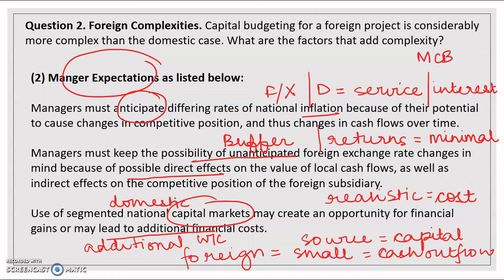The company may have to incur additional charges, additional financial cost in the event that they need additional working capital. So, this kind of due diligence has to be undertaken by the management before embarking on the project decision.